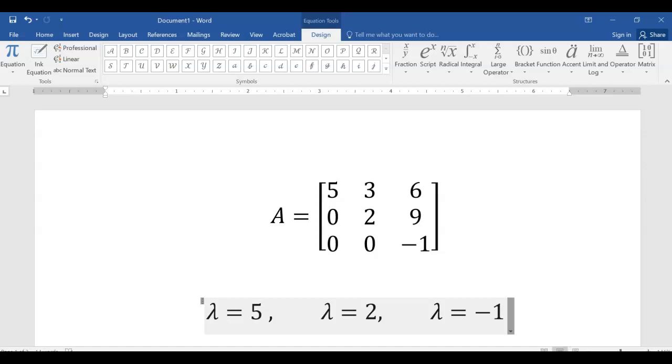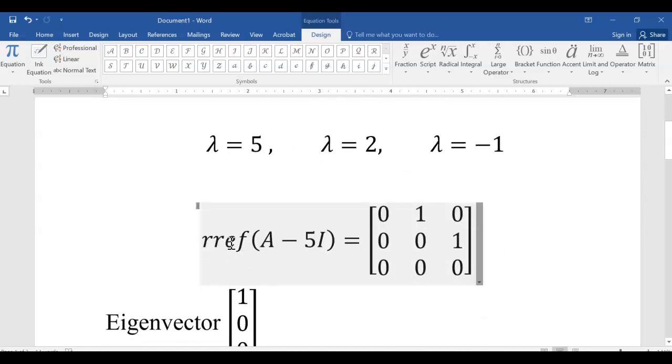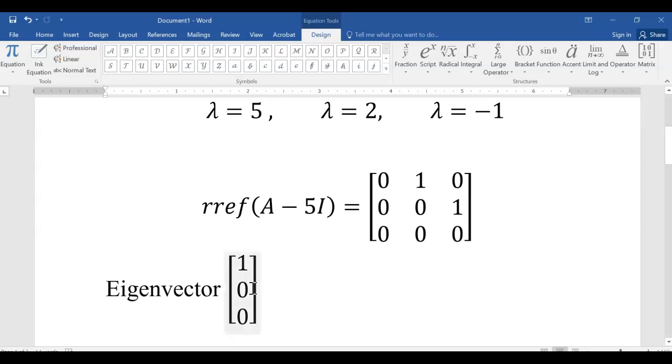We just need to figure out what that diagonal matrix is. So we're going to row reduce A minus 5I. I did that in my calculator and I get this matrix. That means x1 is free, x2 and x3 have to be 0. So you get the eigenvector 1, 0, 0, corresponding to eigenvalue 5.